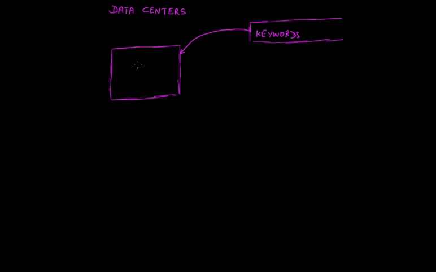It goes on collecting these keywords. Why? Just to improve the search functionality of Google, and to know what different keywords people are using all around the world. So this is one of the purposes of data centers.